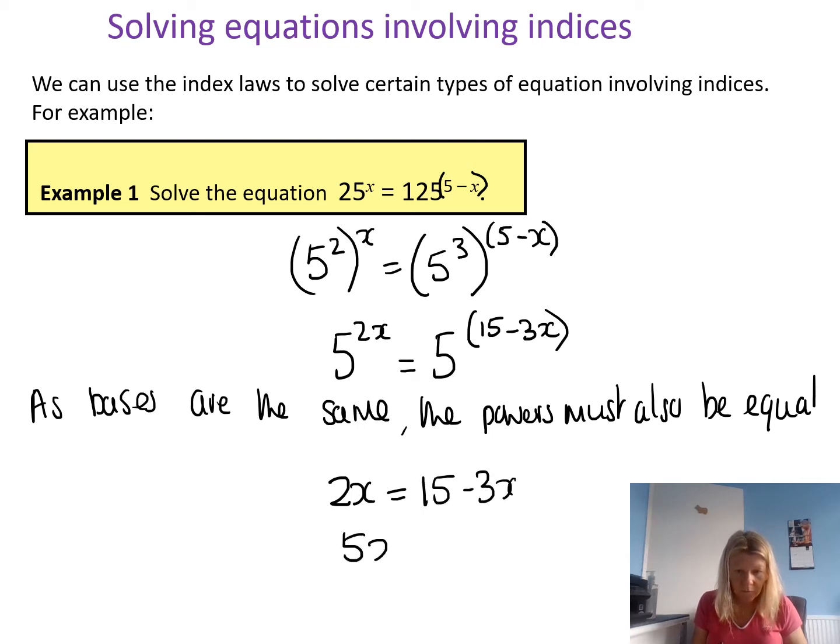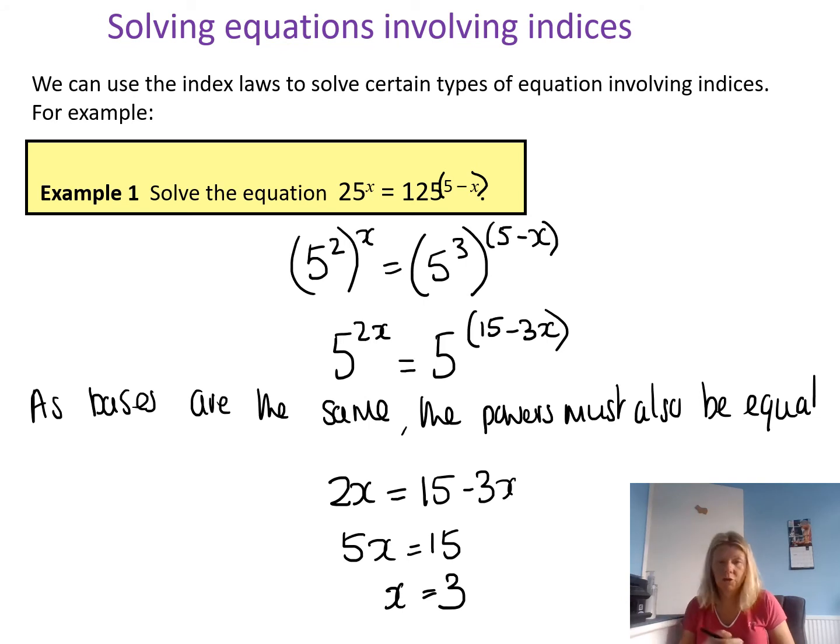Get that over, you get 5x equals 15, x equals 3. Super. You can try that in the formula up there. Putting in 25 to the power 3 and see if it's the same as 125 to the power 5 take 3. You'll find it is.